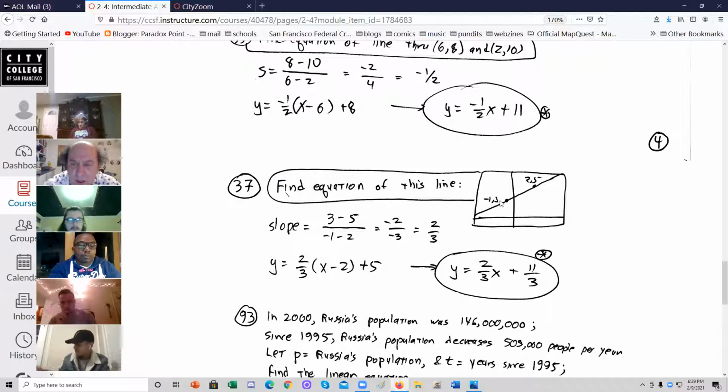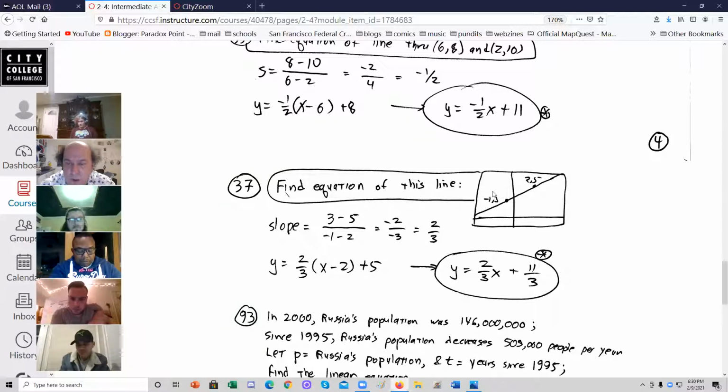Here we have a line through negative 1 by 3 and 2 by 5. Find its equation. Well, again, slope: let's say 3 minus 5 is the change in y, negative 1 minus 2 is the change in x. 3 minus 5 over negative 1 minus 2 is negative 2 over negative 3. That's 2/3. So the slope is 2/3. And we could use either point. Let's use this point, 2 by 5.